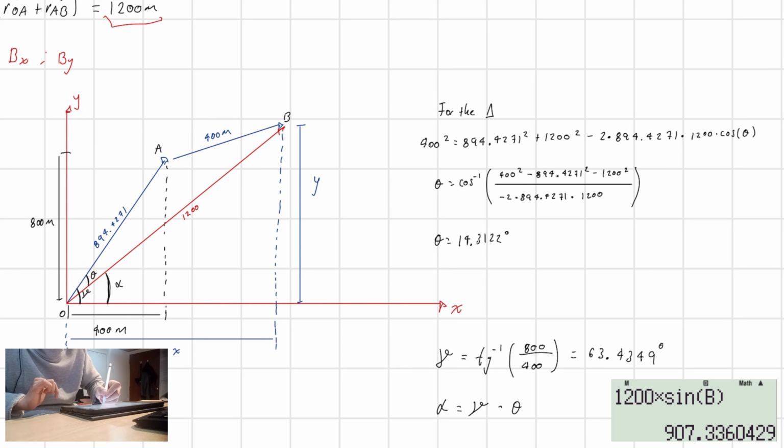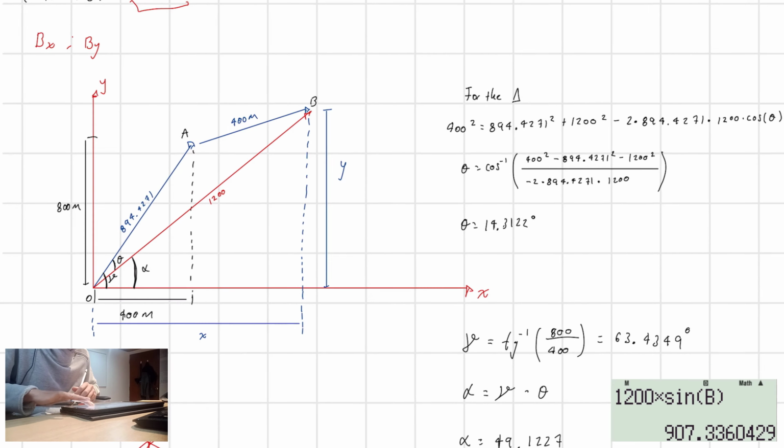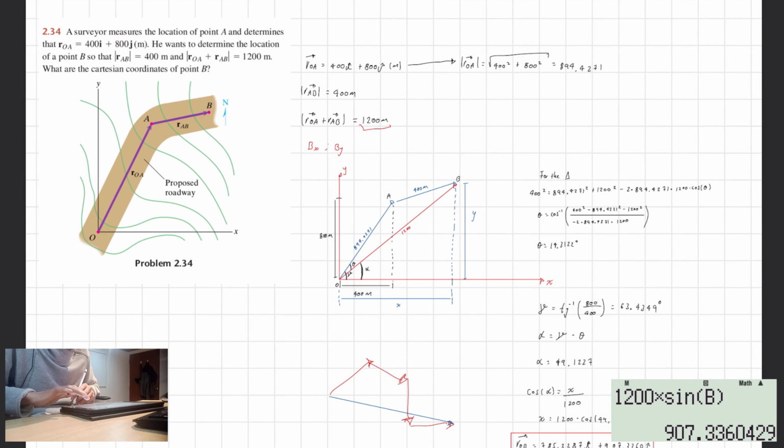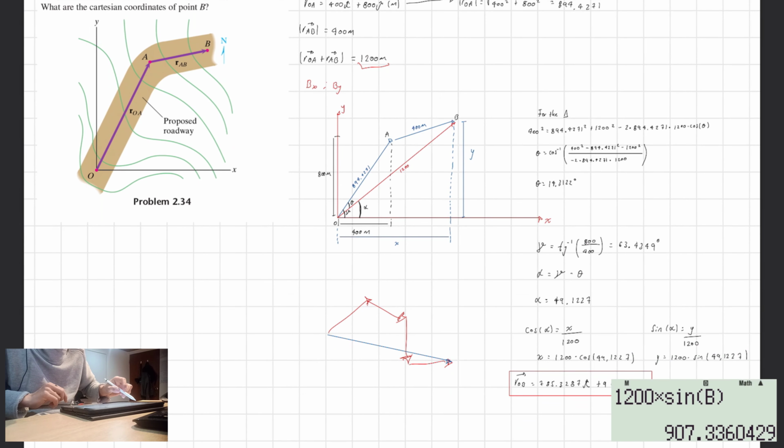Right? The opposite angle of this cathedus is this one. The opposite angle of this cathedus is this one. And likewise, right here. I think that's everything. That's how I learned the cosine's law.